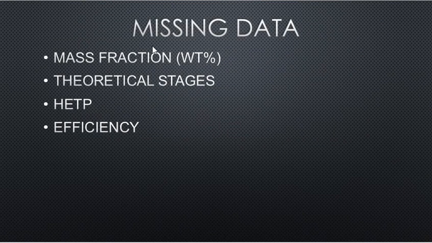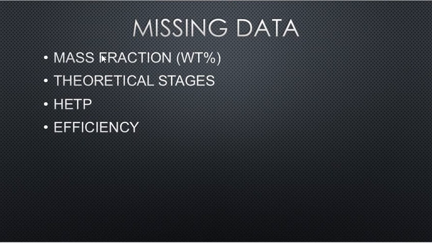We have to do some calculations, so we have to know what data is missing in this experiment. There are some missing data that are being searched for in this experiment.